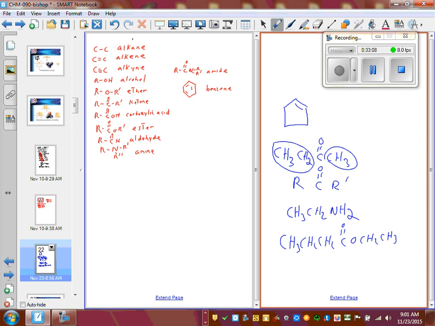Only those two are in here, so it's an ester. An ester has R, C double bond O, O, R prime. Ester. You've got to be able to recognize the functional groups.